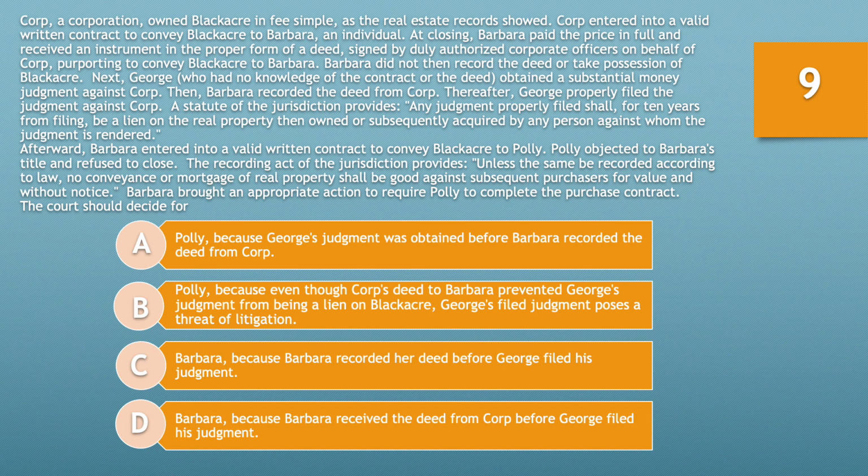B, Polly, even though Corp's deed to Barbara prevented George's judgment from being a lien on Blackacre, George's filed judgment poses a threat of litigation. C, Barbara, because Barbara recorded her deed before George filed his judgment. Or D, Barbara, because Barbara received the deed from Corp before George filed his judgment. Take 10 seconds and choose the correct answer.